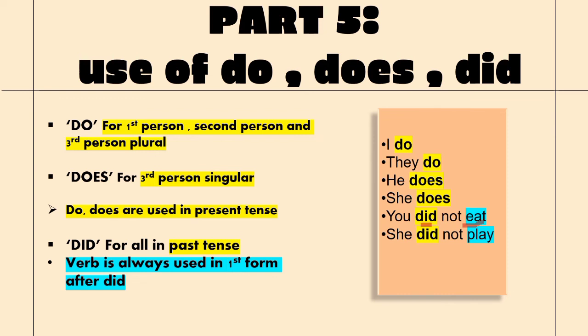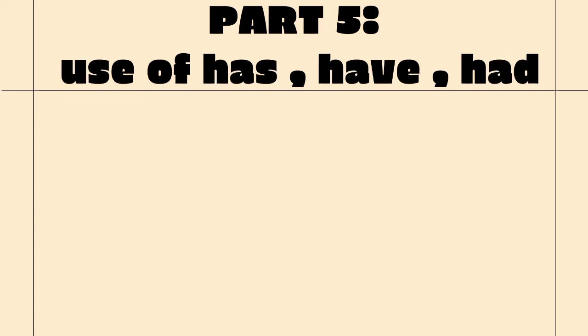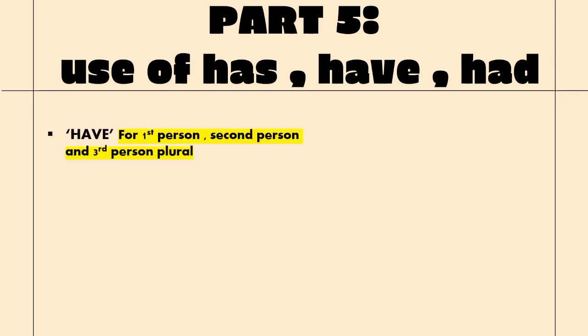So let's move ahead. Our last part is use of has, have, and had. Like do, does, and did, has and have are used in present tenses, while had is used in the past tense.